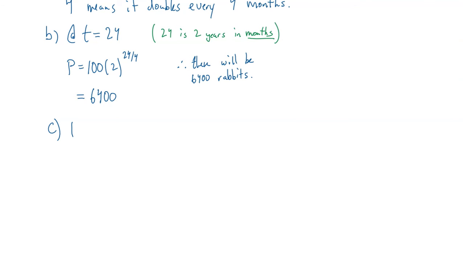So in this case, it's giving us the population, and that was 3,276,800. It's giving us the population, and we're solving for time.